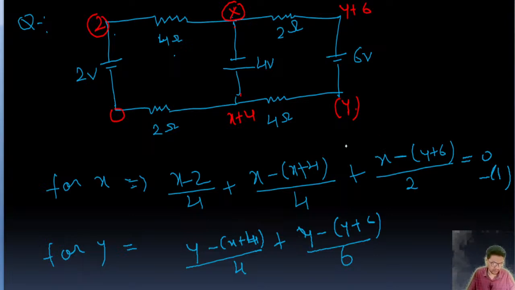This is 6 volt. So this is (y minus x plus 4) by 4 plus (y minus (y plus 6)) by 6, right? This is the one, guys.